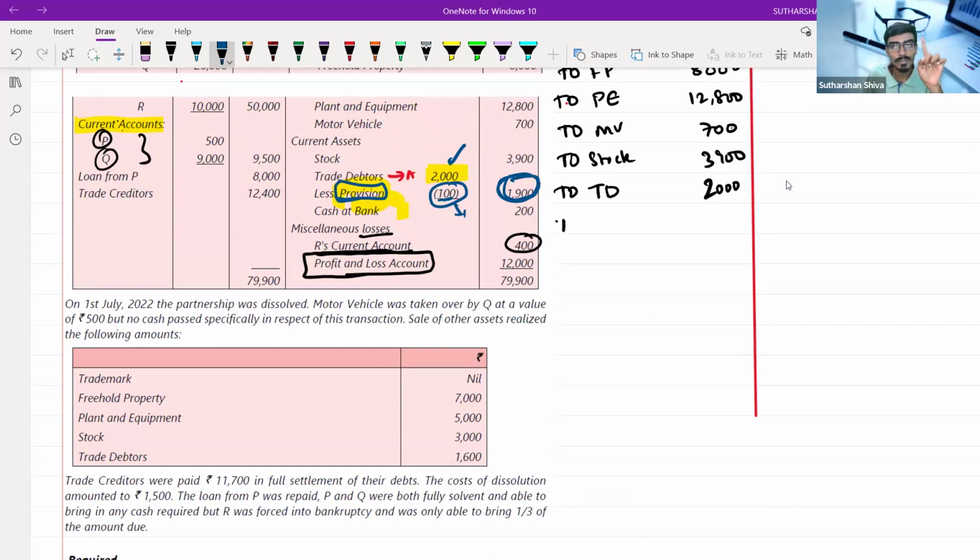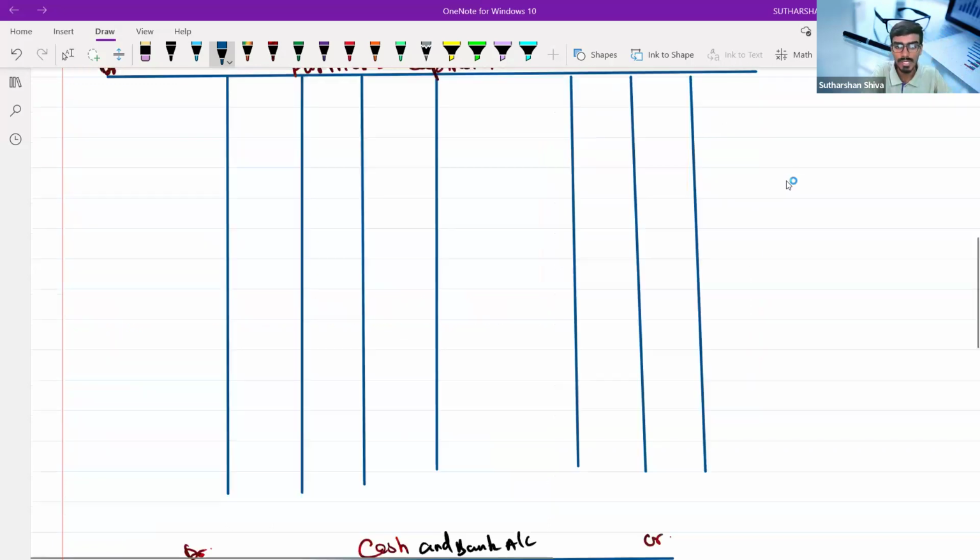If you follow the fixed capital system, only the capitals need to be shown in the books of the partners' capital after transferring the current account balances. Here they say profit and loss is a loss, which should be distributed in the profit sharing ratio to current account balances. As per the fixed capital system, we don't have anything on the capital accounts; we will only show capitals. So we will transfer this to current account in the profit sharing ratio.